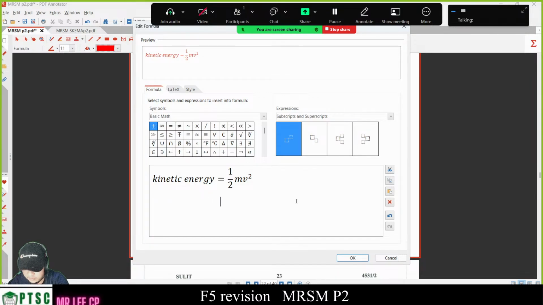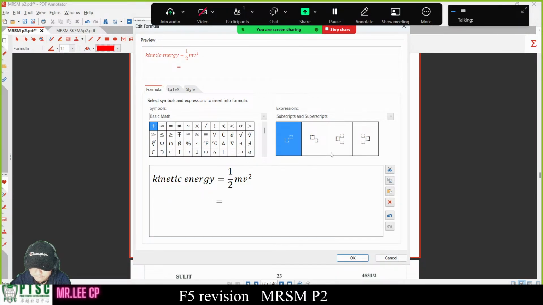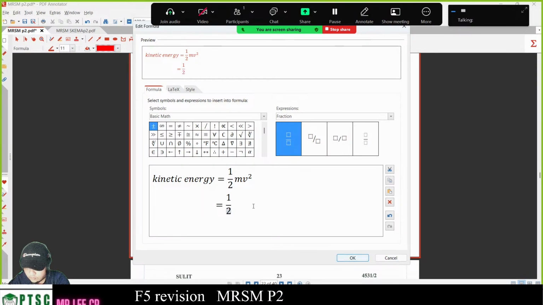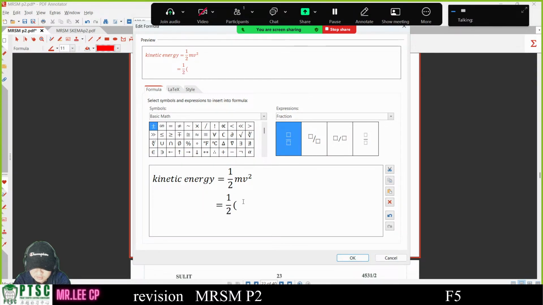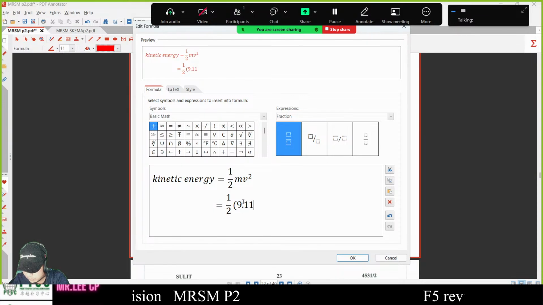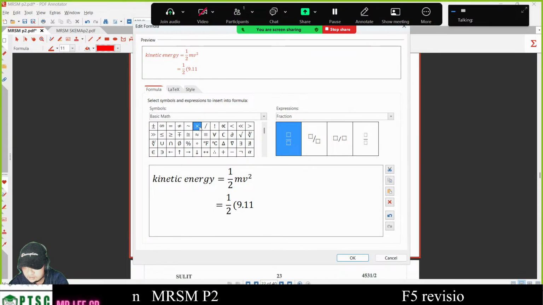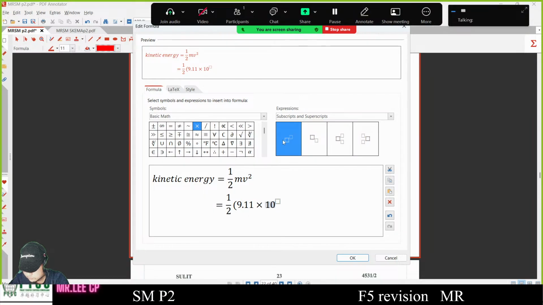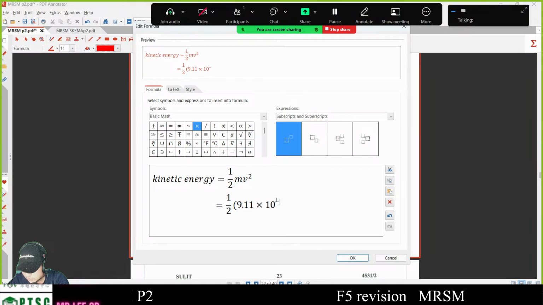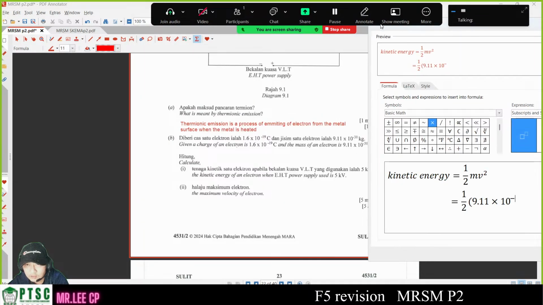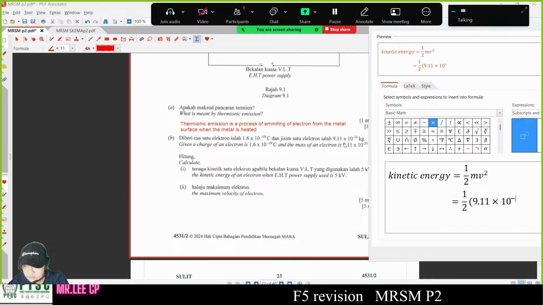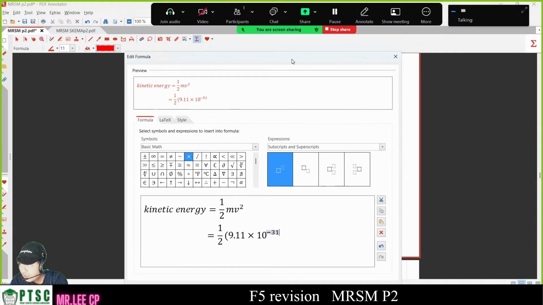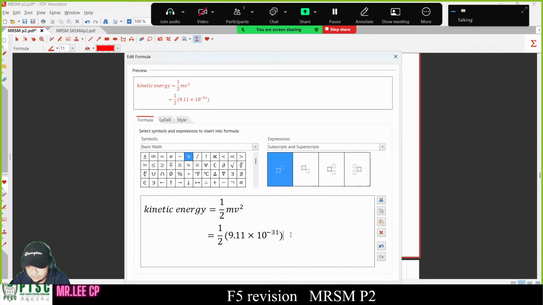Half the mass of the electron, which is 9.11 times 10 to the negative 31 kg, and then v square.